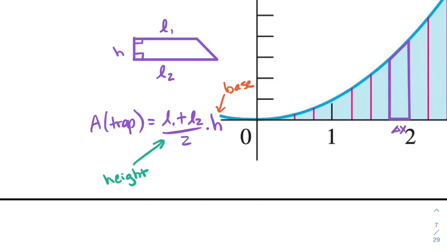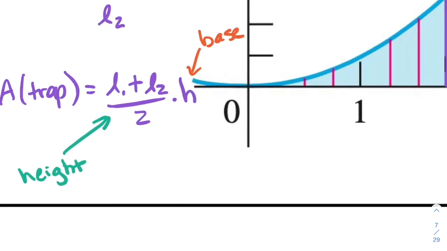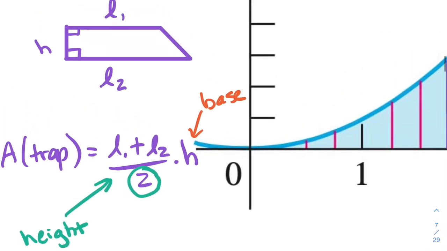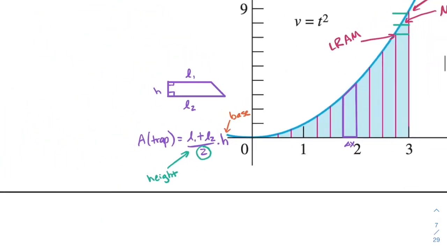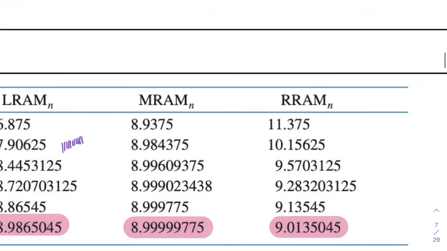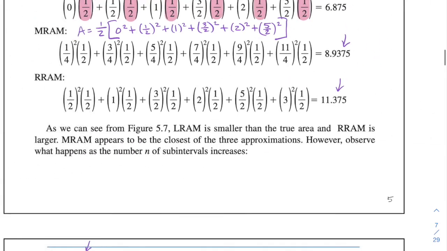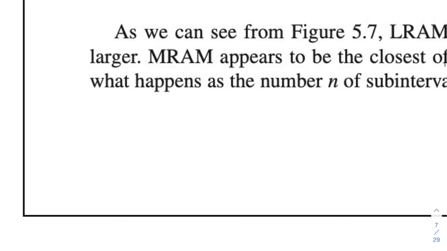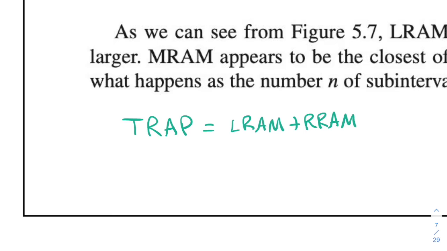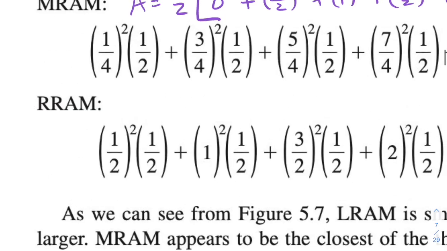Now this seems like a lot of work. It is not at all a lot of work. Look at what you're doing. You're averaging them. So guess what you're going to do now? Simply, very easily, average the two numbers you get for LRAM and RRAM. So here's your trapezoid rule. It is equivalent to LRAM, because those are your left-hand sides, plus your RRAM, those are your right-hand approximations, all divided by 2.